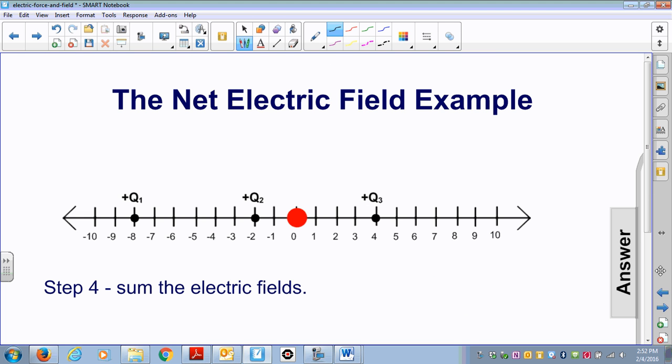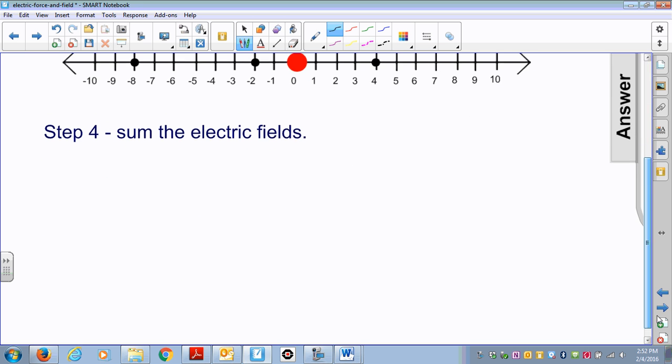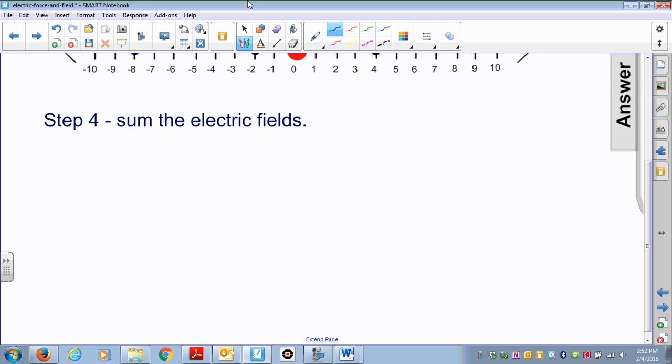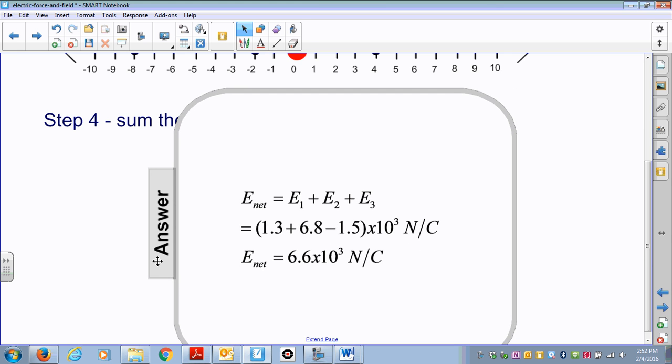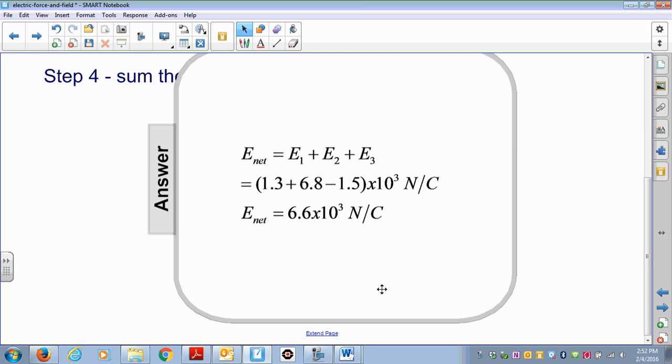Step 4 is to sum all of the electric fields. So let's go ahead and do that. We're going to add up E1 plus E2 plus E3. And that's going to give us a net electric field of 6.6 times 10 to the 3 newtons per coulomb. Again, this is a vector equation. Let me put the vector signs. We do have a direction, right?